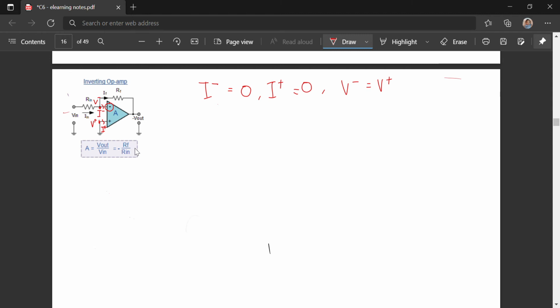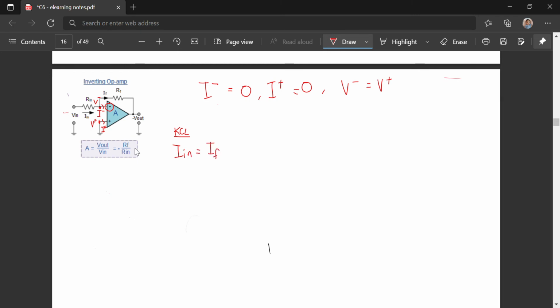We can take KCL at the input part. So here, KCL at the first node on the top, we have Iin equals IF.